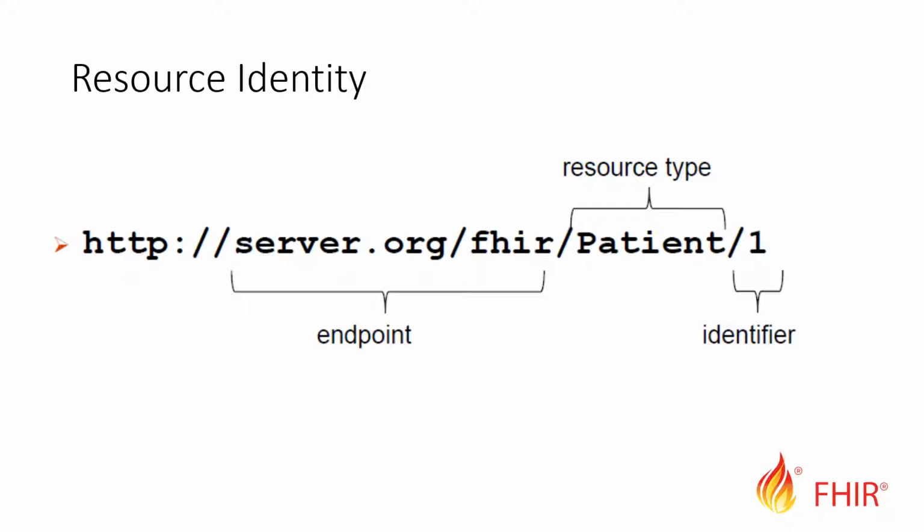To query a specific patient with that ID, this is the URL that a computing system, in this case a provider, uses to look up the patient information whose patient ID is 1. The provider's system would send out a request to the FHIR server to pull the resource information about this patient using this URL format. Every resource in the healthcare ecosystem is uniquely identified by a URL as described here.